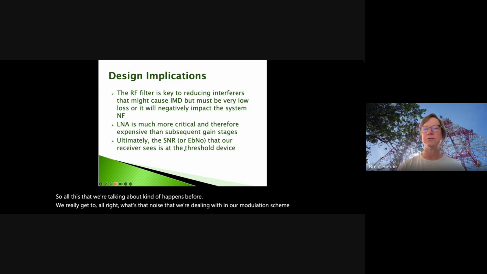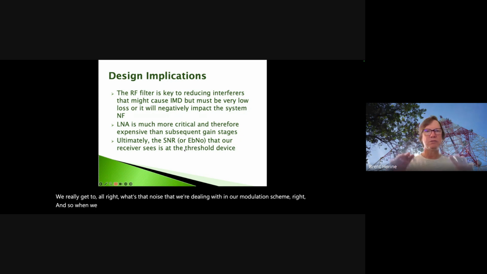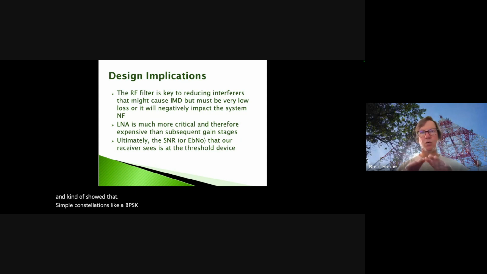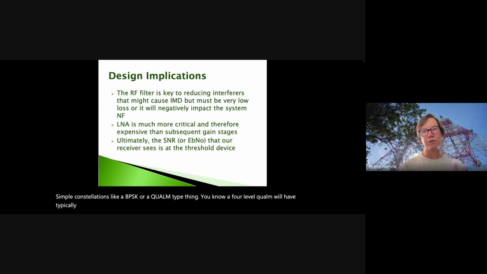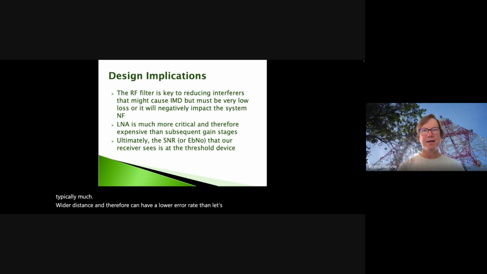And so when we looked at the trade-offs between distance, or Hamming distance, and a constellation, and showed that simple constellations like a BPSK or a 4-level QAM will have typically much wider distance and therefore can have a lower error rate than, let's say, a 128 QAM or 1024 QAM or something, right?